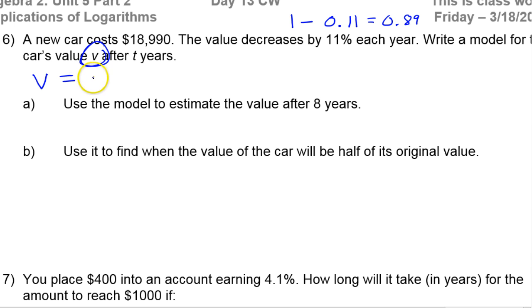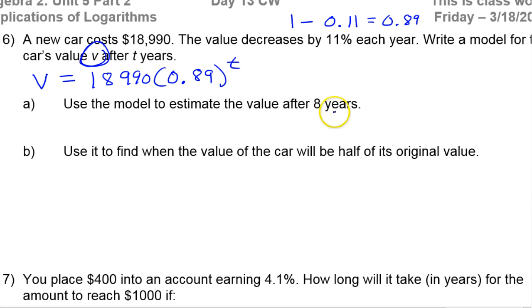So when I write my model, and they told me what variable to use, I'm going to go V equals, and here comes the initial amount. And then instead of putting 1 minus 0.11, please go ahead and put 0.89, and then to the power of t. And for a model, definitely leave t as a variable. So now we will use the model to estimate the value after 8 years.